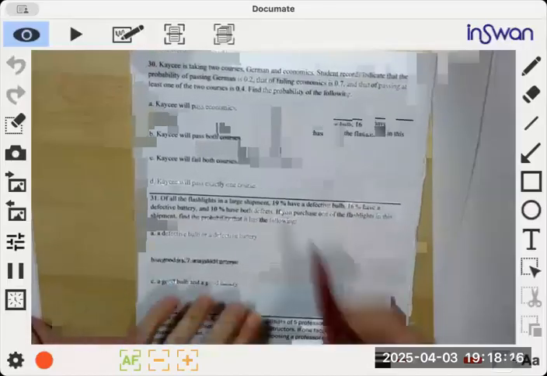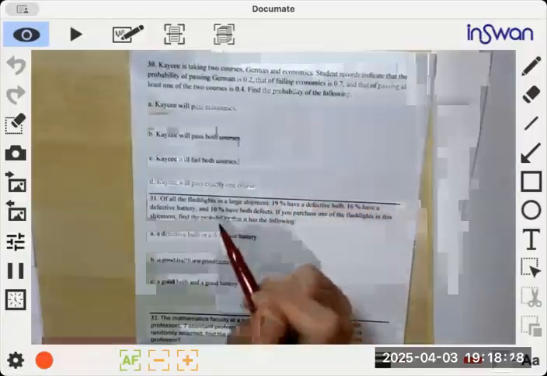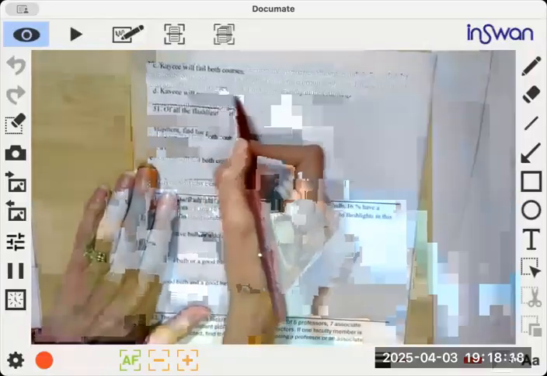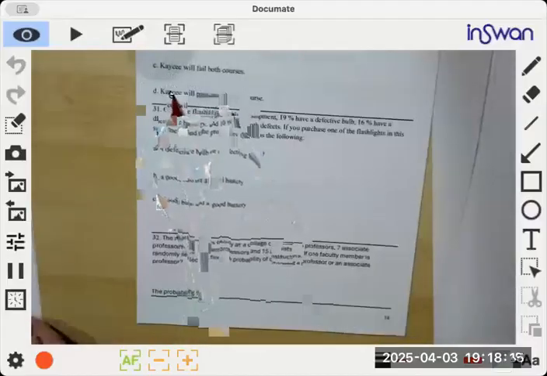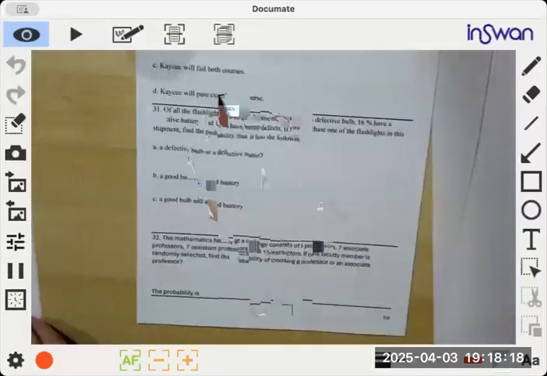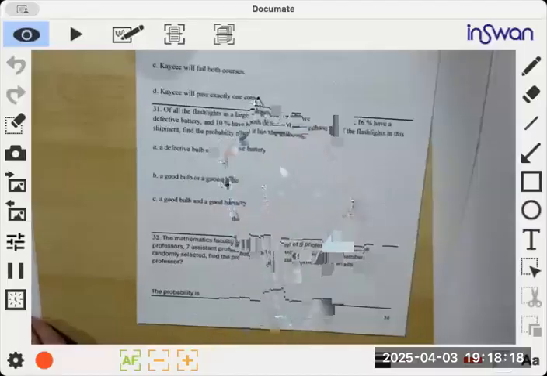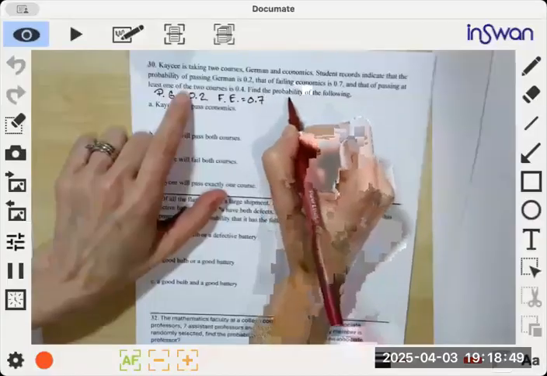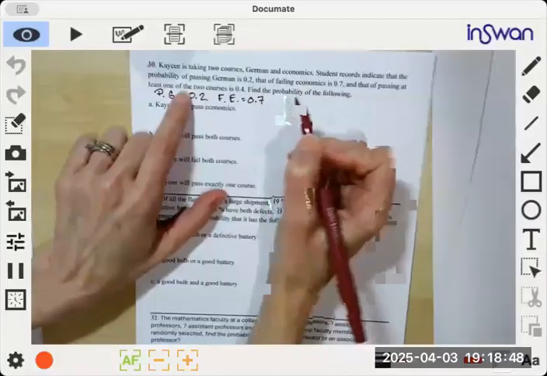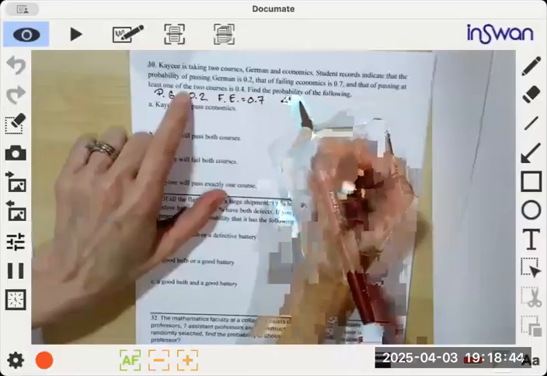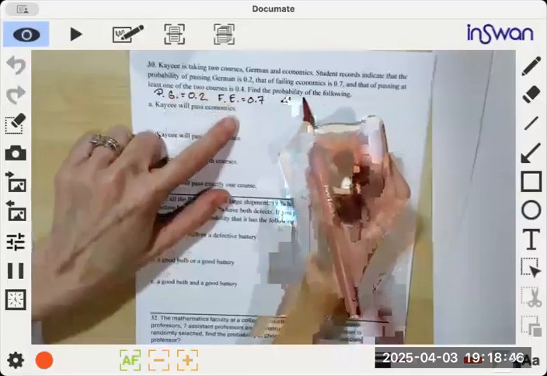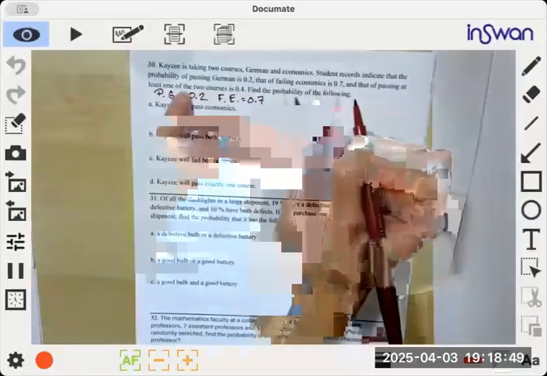So Casey's taking 2 courses, German and Econ. Passing German is 0.2. Failing Econ is 0.7. Passing at least 1 is 0.4.